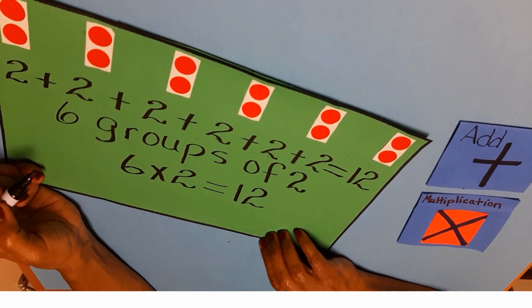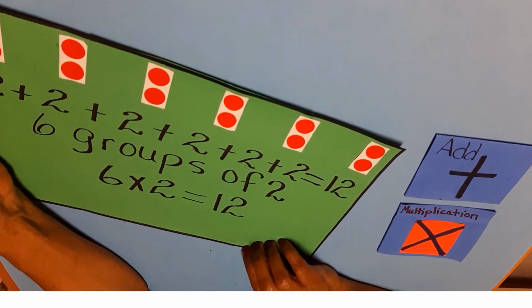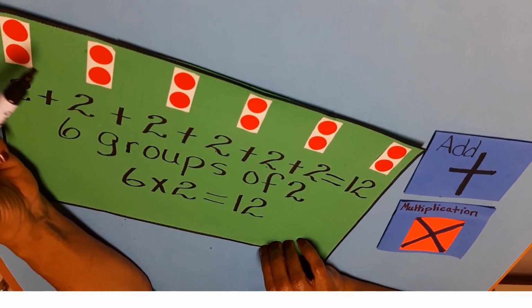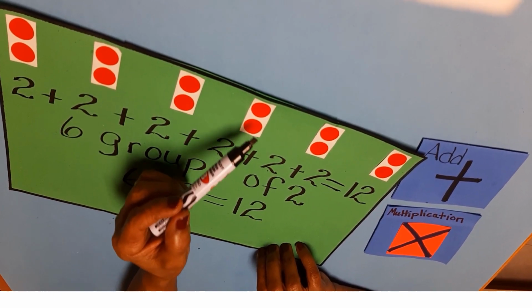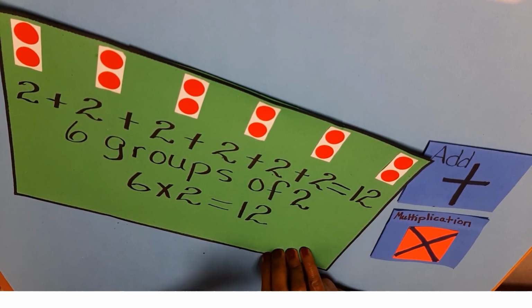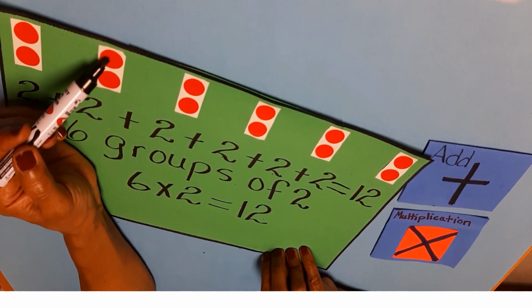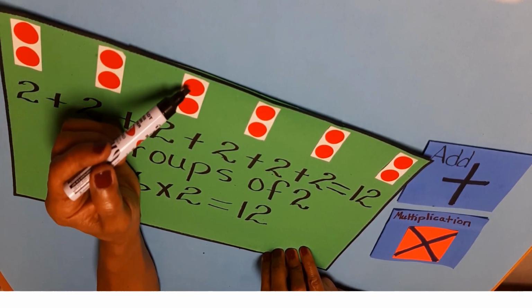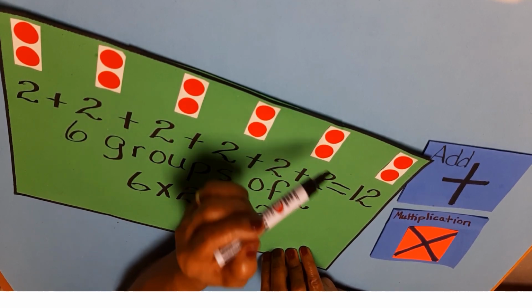Now let's go back over this again. We have how many groups again? 1, 2, 3, 4, 5, 6. That's 6 groups. And how many in each group? 1, 2 in each group.